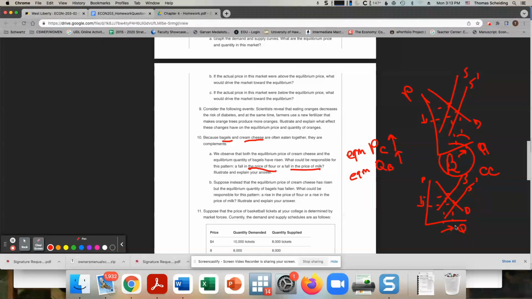is that if you look at these two graphs, you'd be like, well, in both of these cases, equilibrium price of cream cheese is falling, as it is in this graph here, which is my cream cheese market.